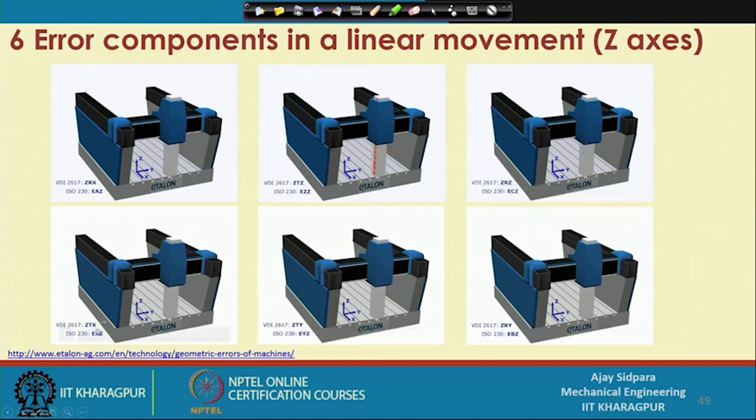In this particular case, motion in the z direction, but translation in the x direction. So, it is moving in this direction. Your tool is actually moving in this direction when it is trying to go up and down.